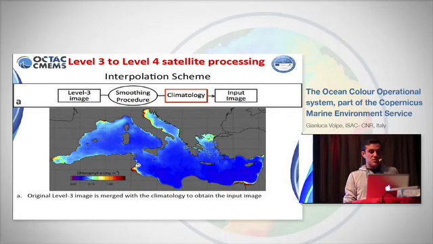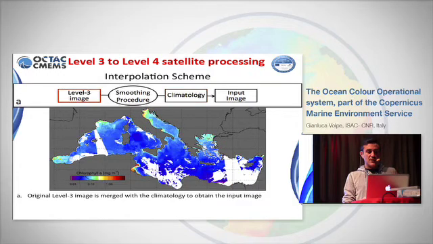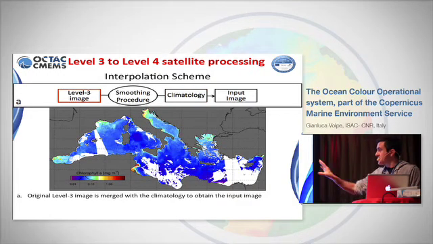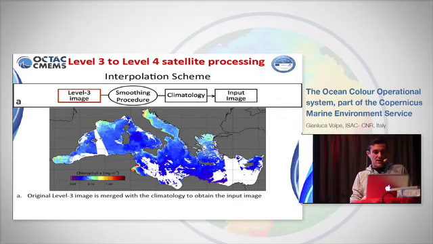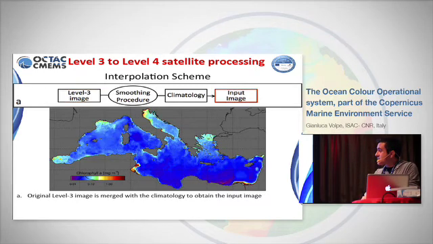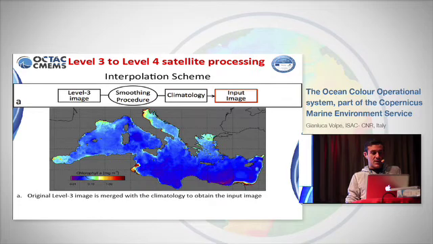We use the climatology to fill the original level 3, which is the output from the level 2 to level 3 processing chain. This gives the input image that goes into the data matrix used to build the level 4.